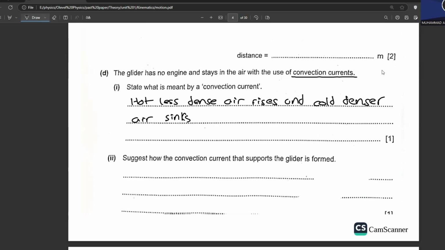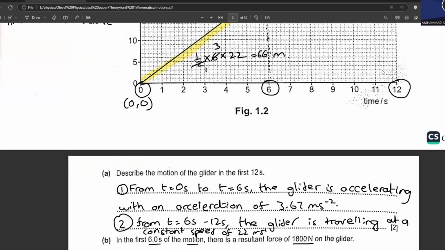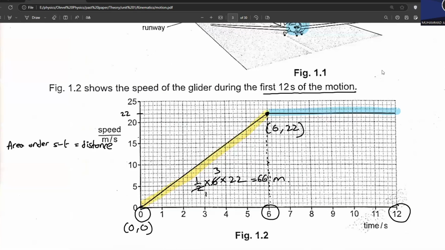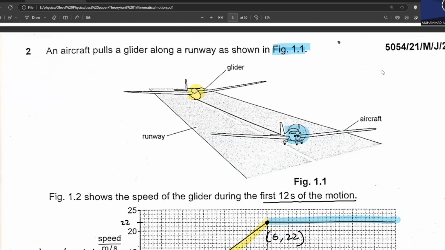Suggest how the convection currents that support the glider are formed. On earth we may have some hot sites, let's say volcanoes, that give rise to hot air rising up, and that will support the glider.